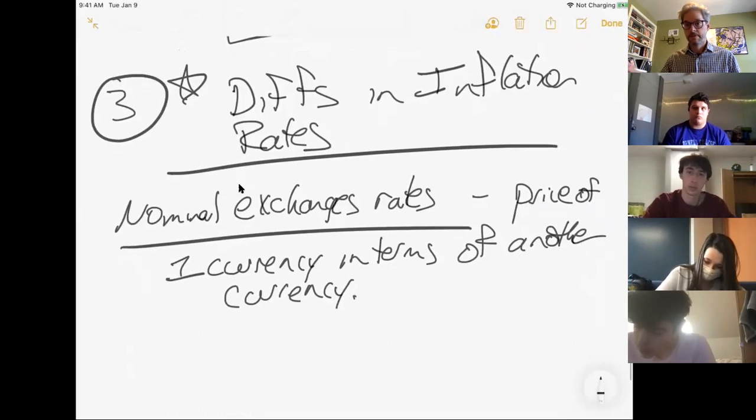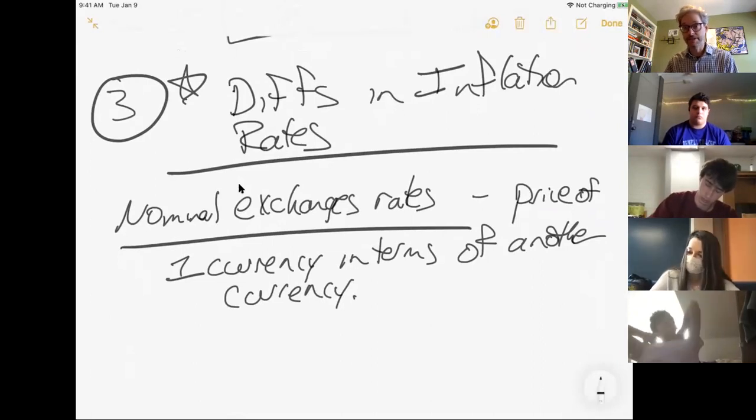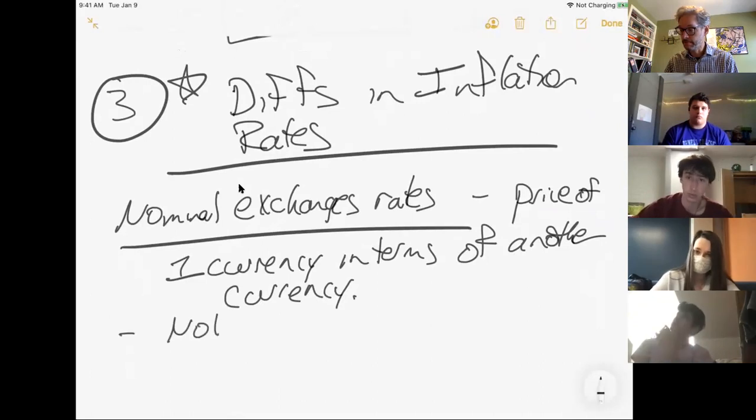But that really only gives us a misleading picture about what's going on in terms of the price of actual goods. Because what's the problem with nominal exchange rates? It's not adjusted for differences in inflation.